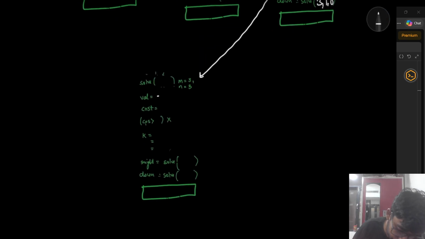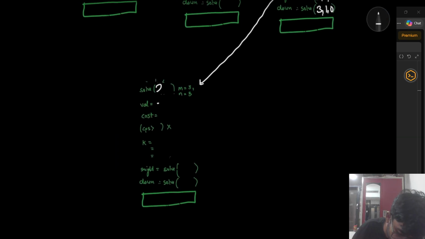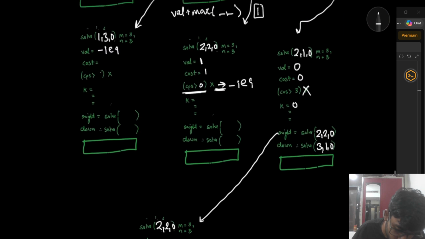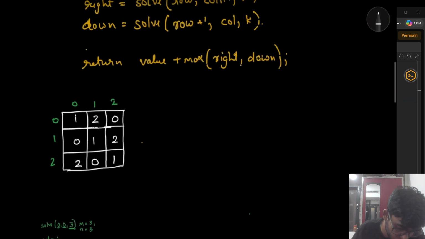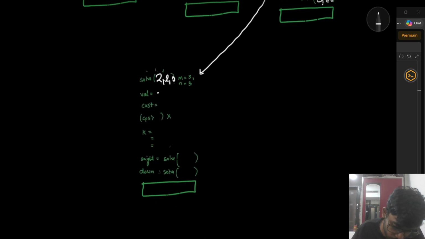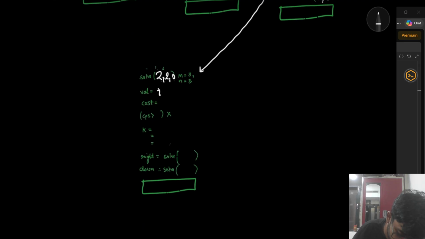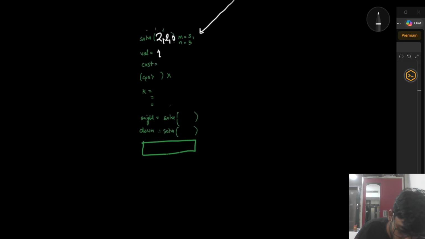So 2 2 0. So the value of 2 comma 2 is 1, and cost is 1. Is cost greater than 0?